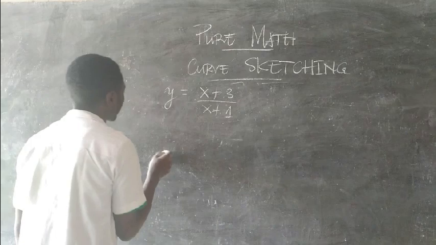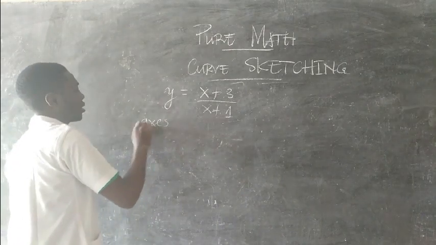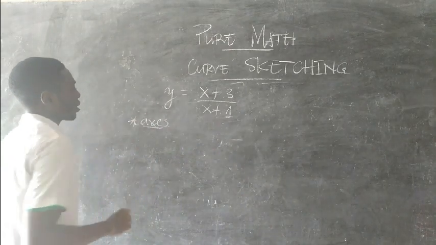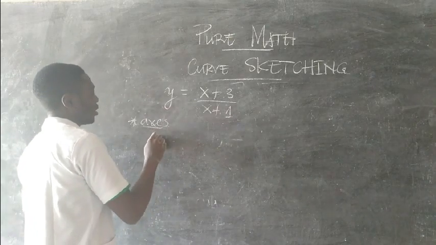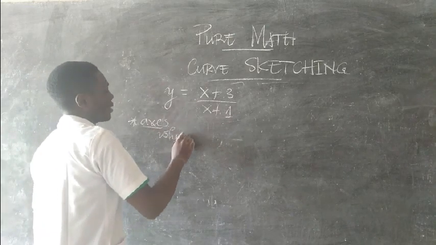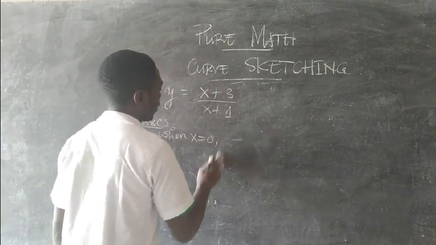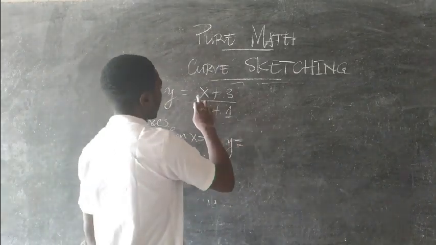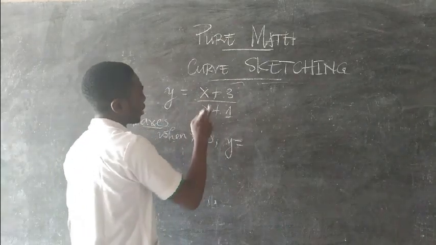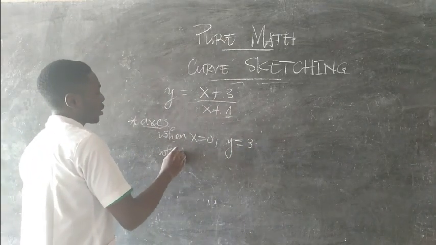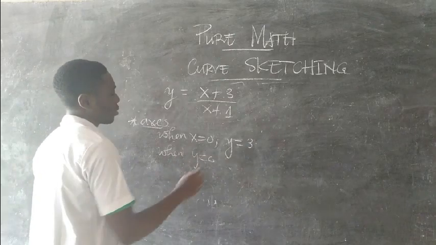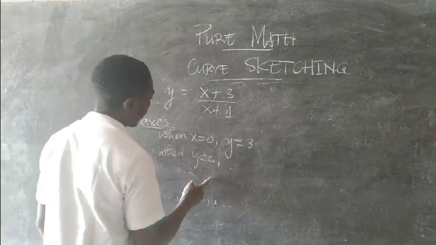So how do I look for the axis? For the axis, these are the points you are going to be plotting on the curve. So you will say when x is equal to 0, y will be equal to 3, since you have 0 here. Now when y is equal to 0, you let x be equal to 0 and then y equal to 0.